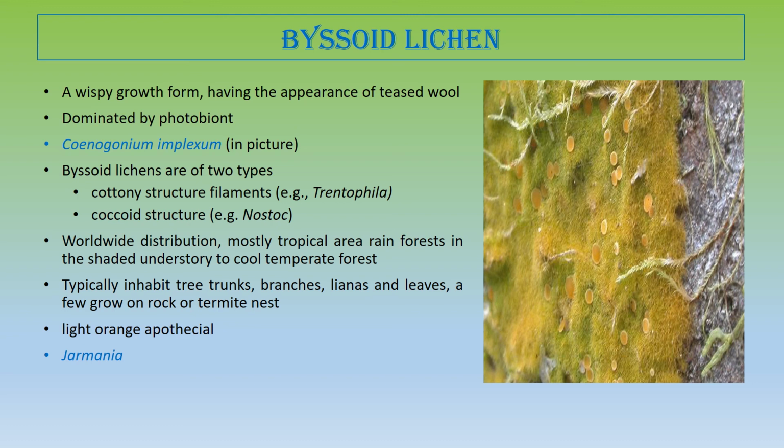The cottony structure, which is filamentous, is made up of green algae, mainly Trentepohlia, and the coccoid structure is made up of Nostoc. This byssoid lichen is of homomerous structure, and it is present on various types of substrate, from rock to soil to trunk and bark of trees, on the top of leaves and lianas, and can be present in both hot tropical rainforests as well as cold temperate forests.